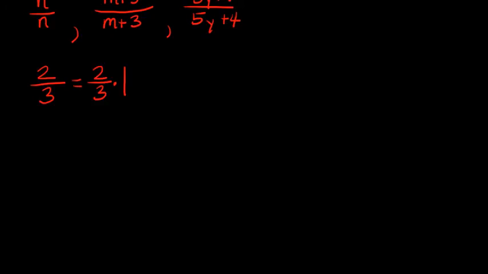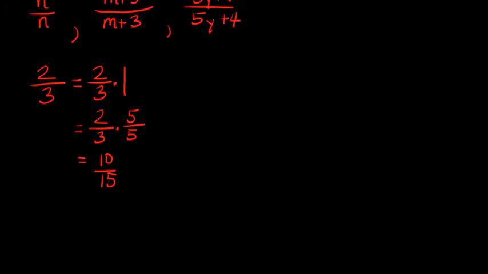So I can write it this way, times 5 over 5, because we know that's 1 based on what we just did, which equals 10 over 15. That's an equivalent fraction. It's the same as 2/3 because we just multiplied it by 1. It looks a little different, but that's how those are equivalent expressions.